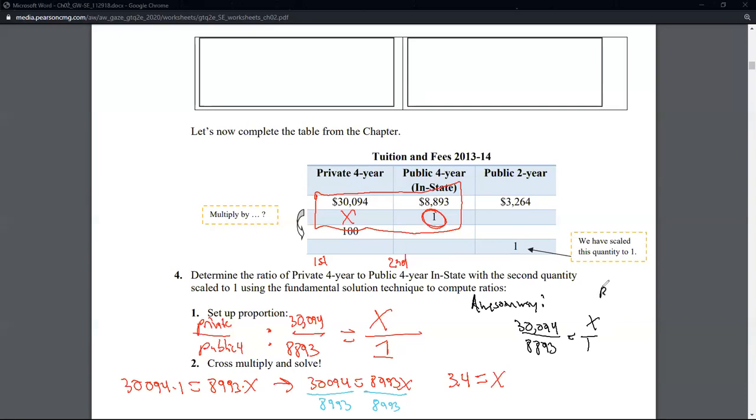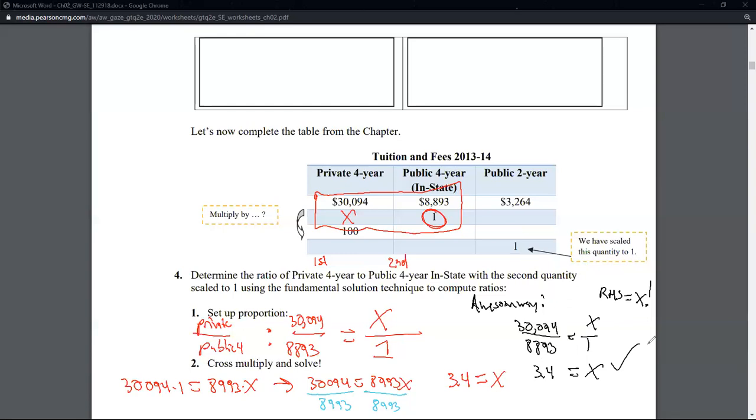The right-hand side is just equal to x. Anything divided by 1 is itself. The left side, if you actually do the division, is 3.4. Instead of cross-multiplying, because the variable's denominator is a 1, you don't need to write that as a fraction anymore, so there's no need to cross-multiply. You can just do the division. It's so much quicker and easier.